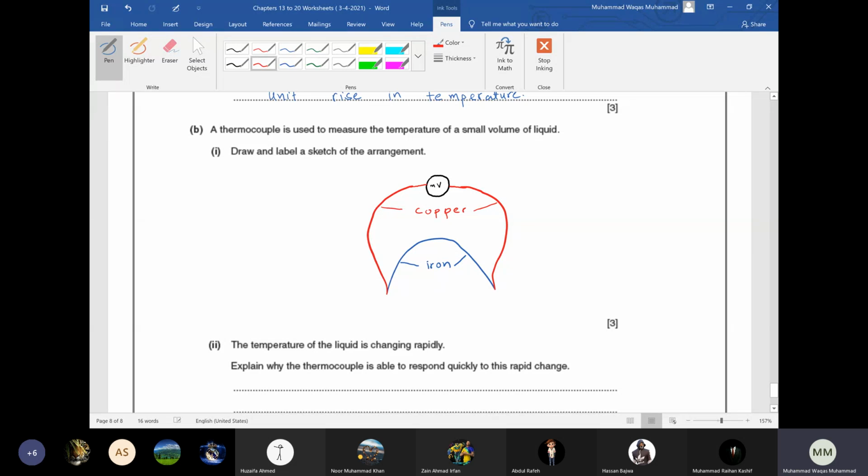And this is what you can label: this is a millivoltmeter. And we got two junctions.